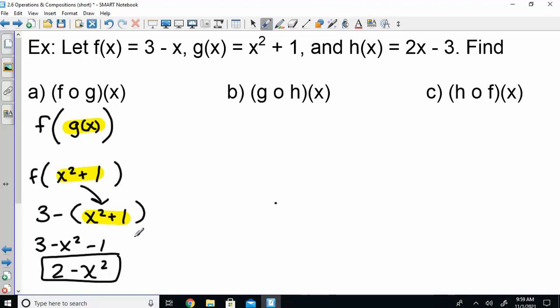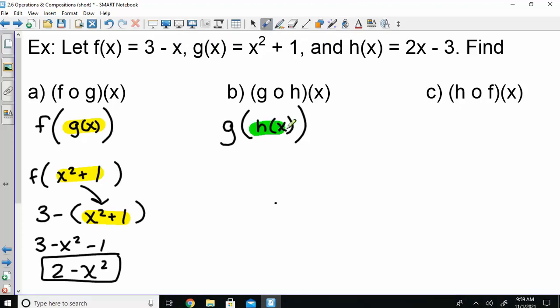Okay. Let's look at this next one. So g composed with h of x. So we have g of h of x.